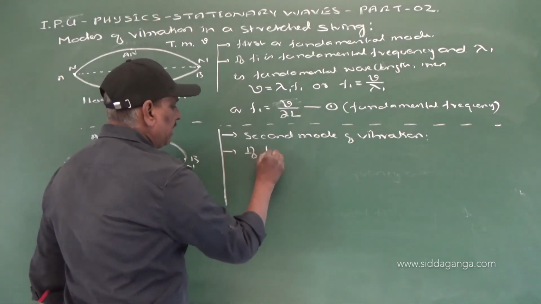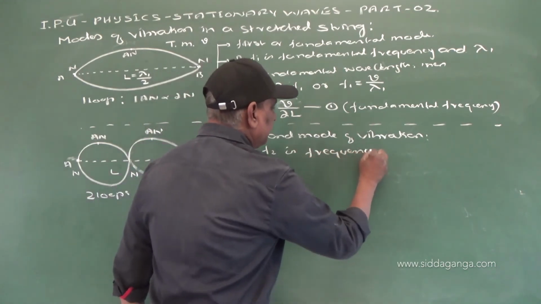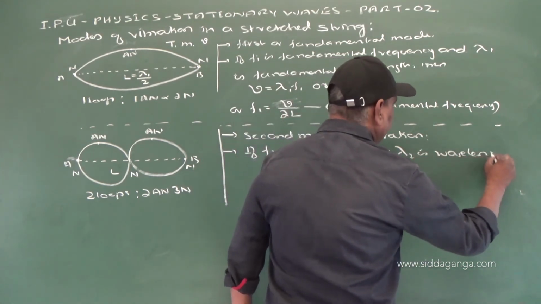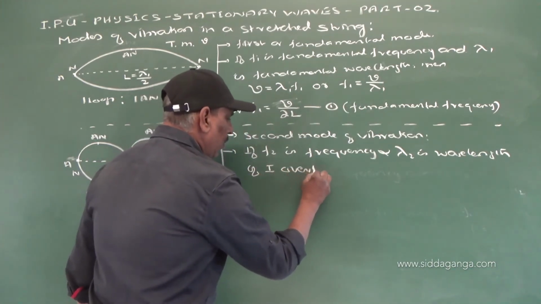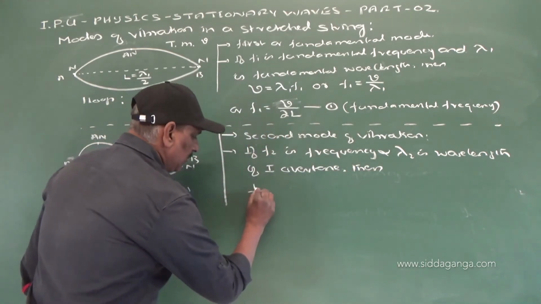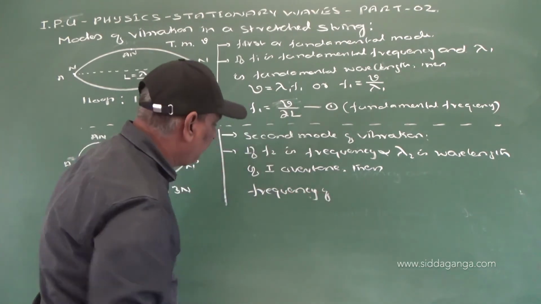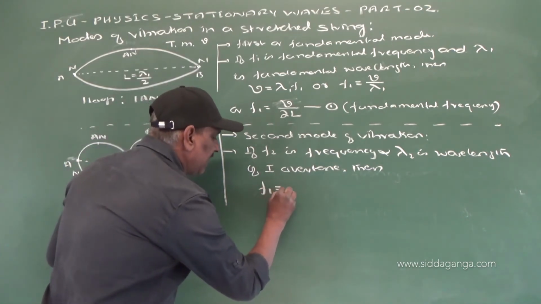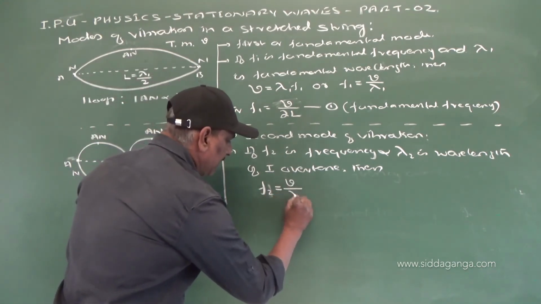Now if F2 is the frequency and lambda 2 is the wavelength of the first overtone, then the frequency of the first overtone F2 is equal to V by lambda 2.